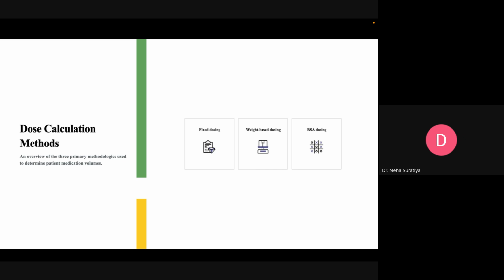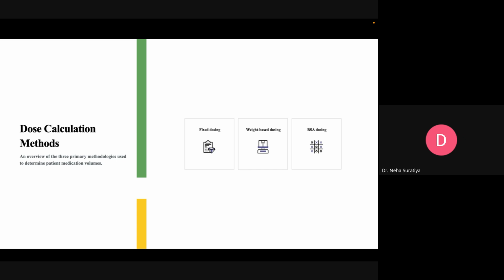But the meaning of fixed dose is that regardless of any weight or size, you are dispensing the medicine. For example, paracetamol 500 mg tablets for adults, that is a fixed dose, right? Dolo 650 is also a fixed dose. There is no calculation required because it is fixed, but it is still one of the dose calculation methods.